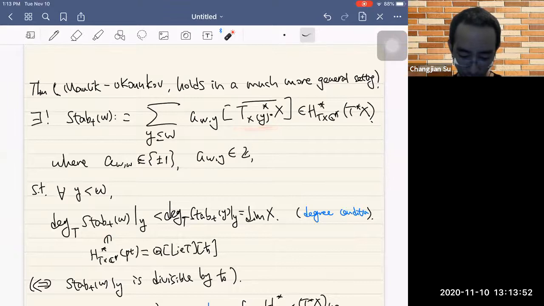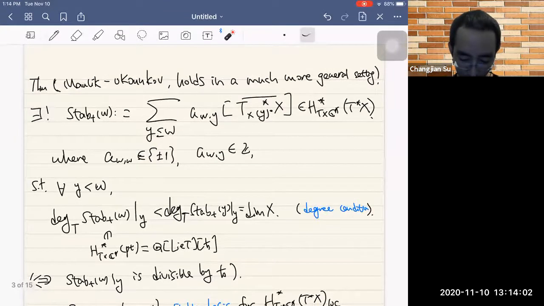All these lower classes, if you restrict to w, will be 0 unless y equals w. Since each of them is a Lagrangian subvariety, this degree will be just the dimension of X anyway.